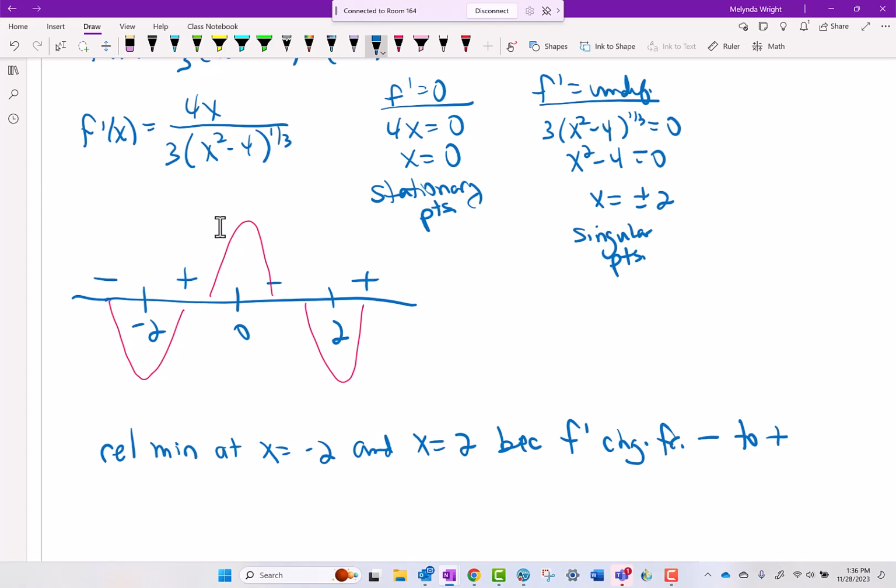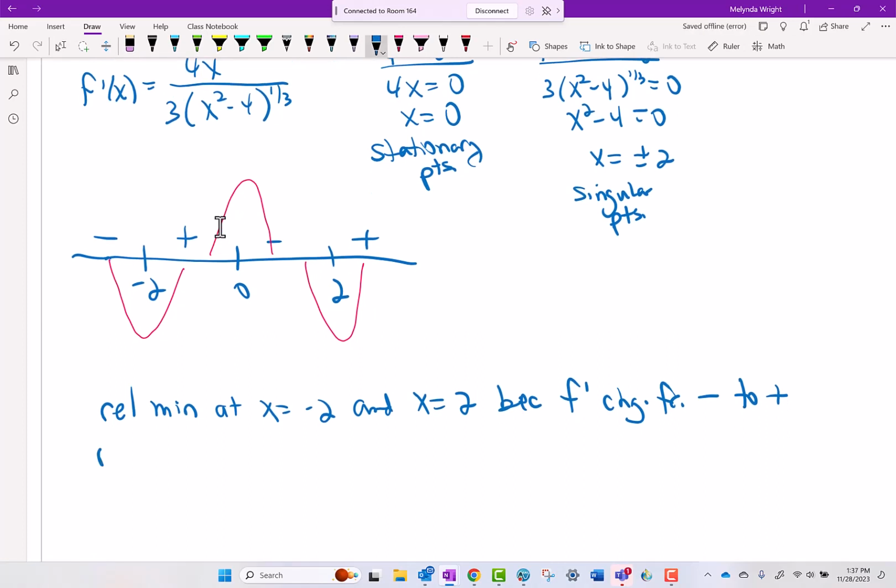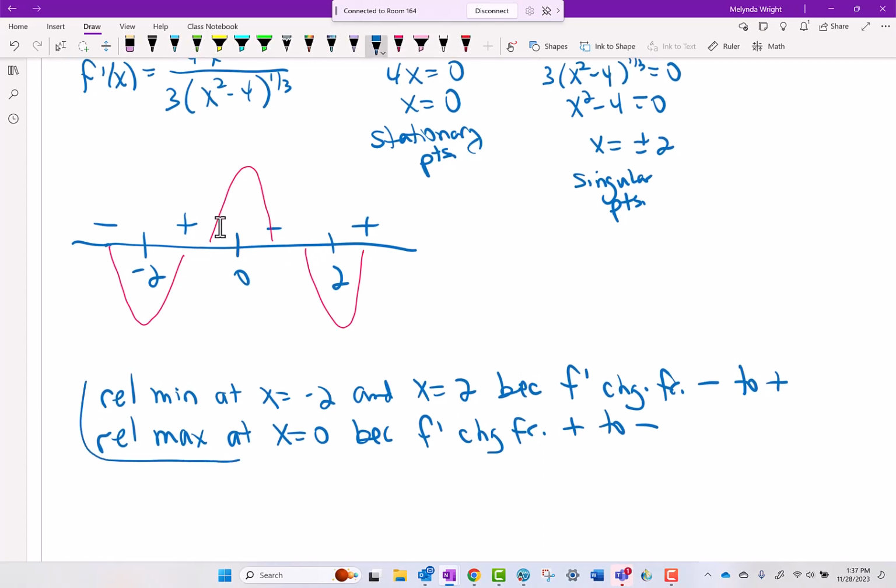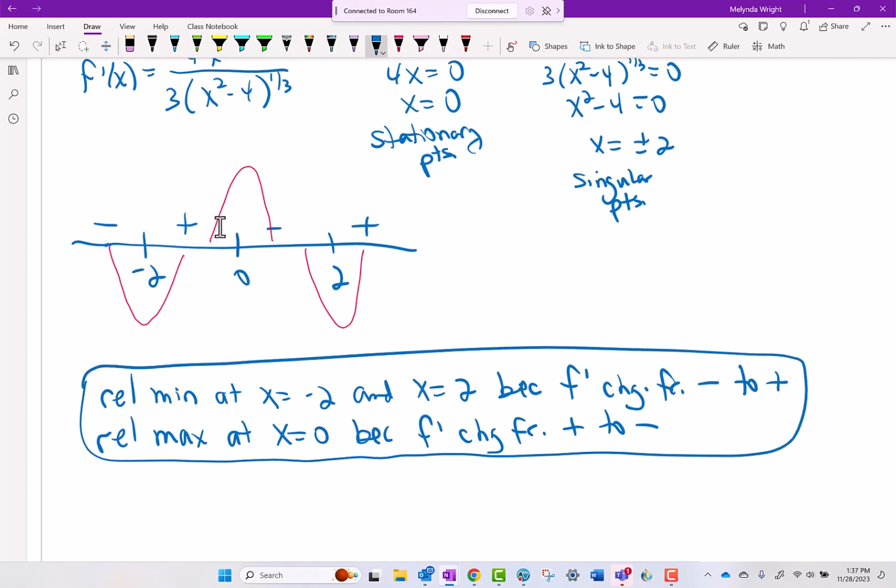If you want to write the words out, you totally can. All right, so we have a relative maximum at x equals 0 because f prime changes from positive to negative. And this is our answer with our justifications. So there's our first derivative test.